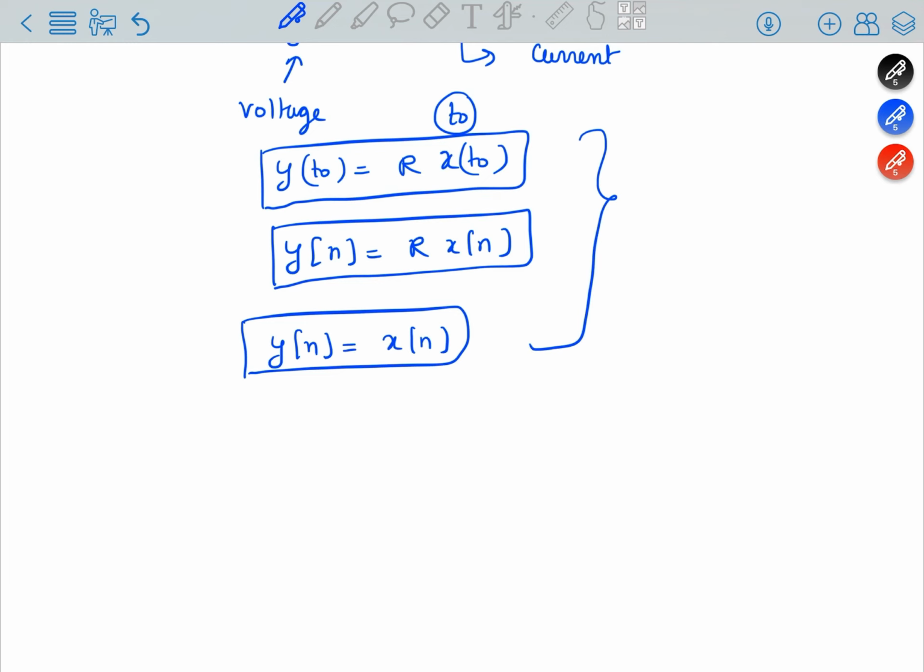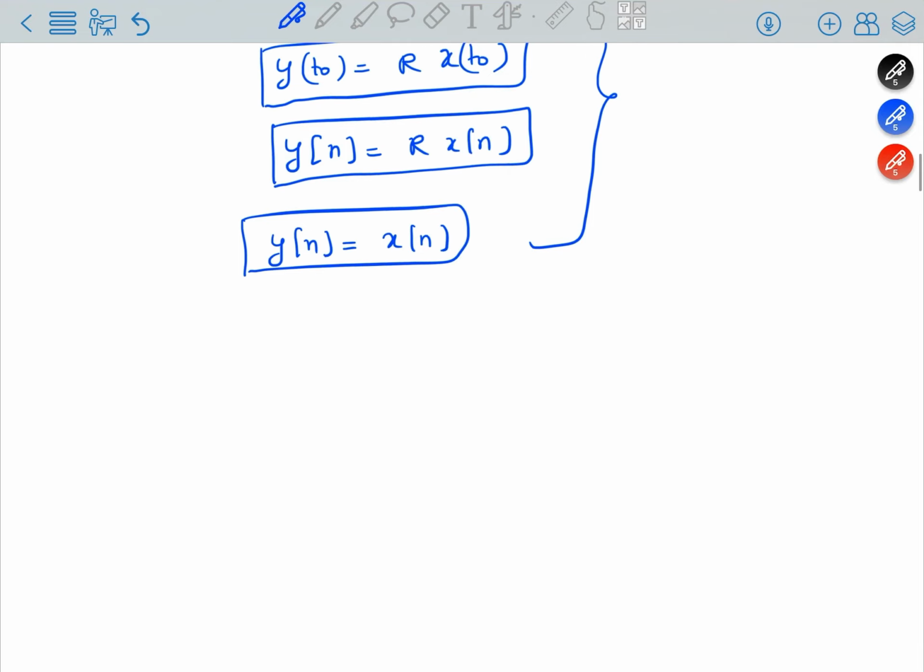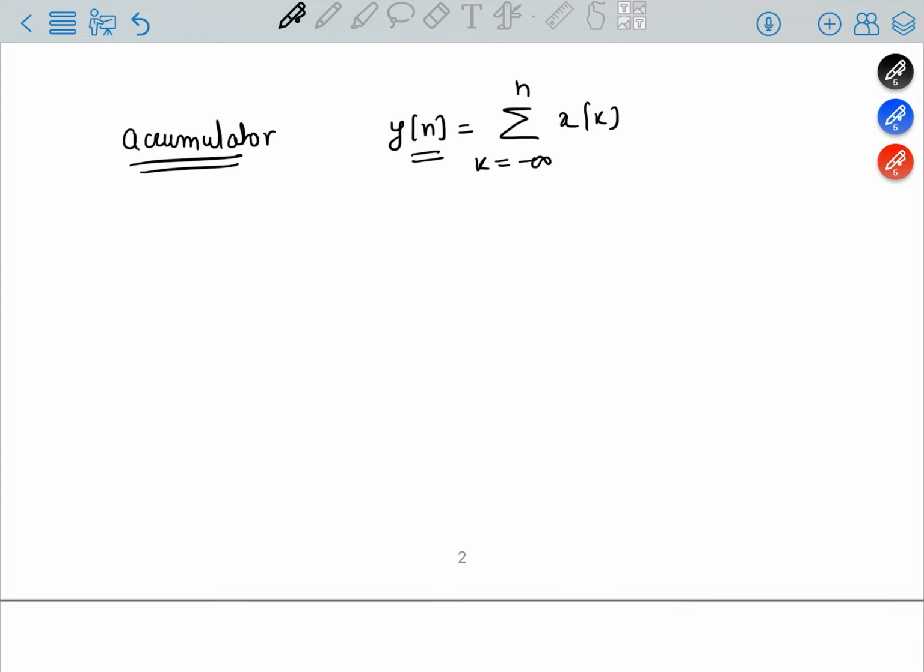Can we have examples of systems with memory? Yes, the basic example of a system with memory is the accumulator. In an accumulator, the expression is y[n] = summation of x[k] for k from minus infinity to n. Here the value of k varies from minus infinity to n, and y[n naught] is dependent on values before n.